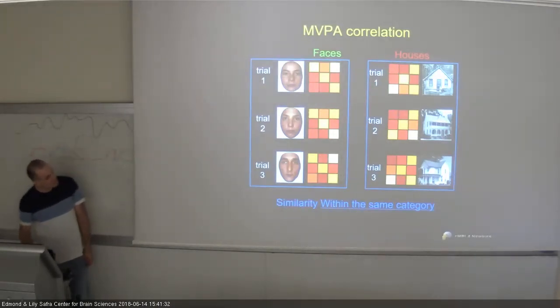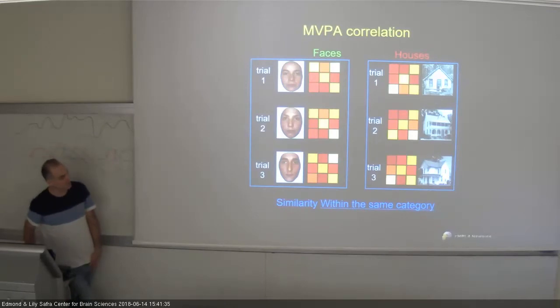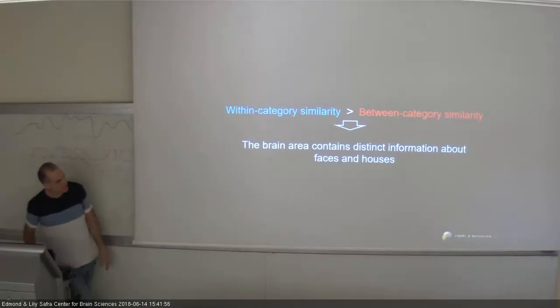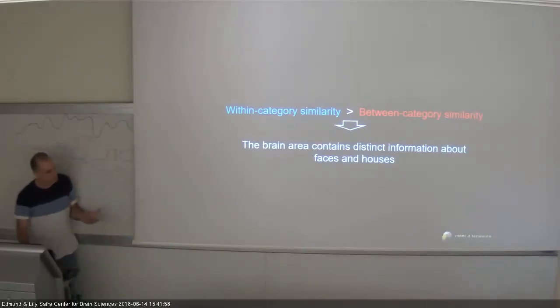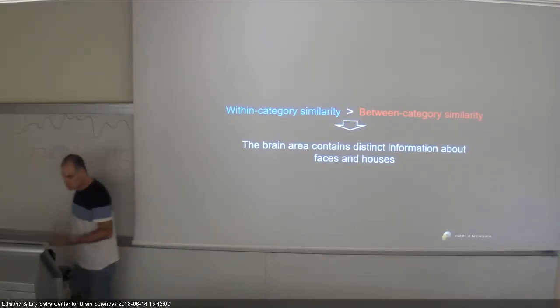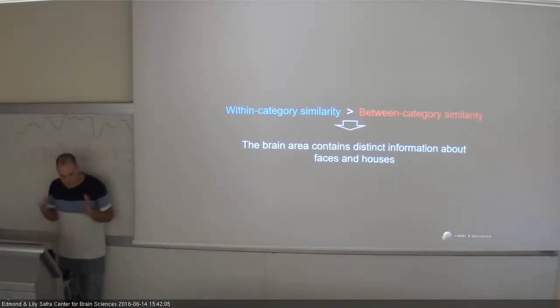This is the within-category pattern or information, and this is the between-category. The logic is that if that hypothetical region of interest with 9 voxels is processing information related to houses and faces, the within-category similarity will be higher than the between-category similarity. And when we're talking about similarity, we usually mean correlations. So this is the basic idea.